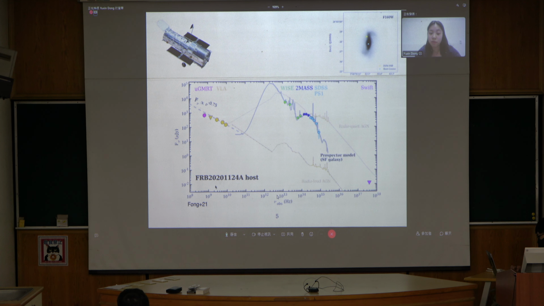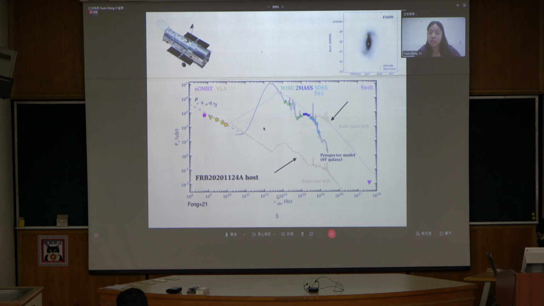And so in Fong et al. 2021, they set out to answer the question of what's causing this persistent radio emission. They compared the multi-wavelength observations to radio-loud and radio-quiet AGN templates, because we know that AGNs can be very prominent contributors of radio emission within galaxies. And we see that the data does not seem to agree with the model very well.